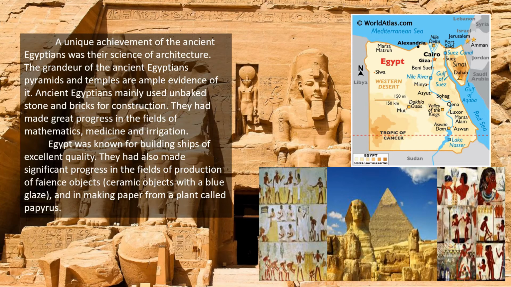Egypt was known for building ships of excellent quality. They had also made significant progress in the production of faience objects, meaning ceramic objects with a blue glaze, and in making paper from a plant called papyrus.